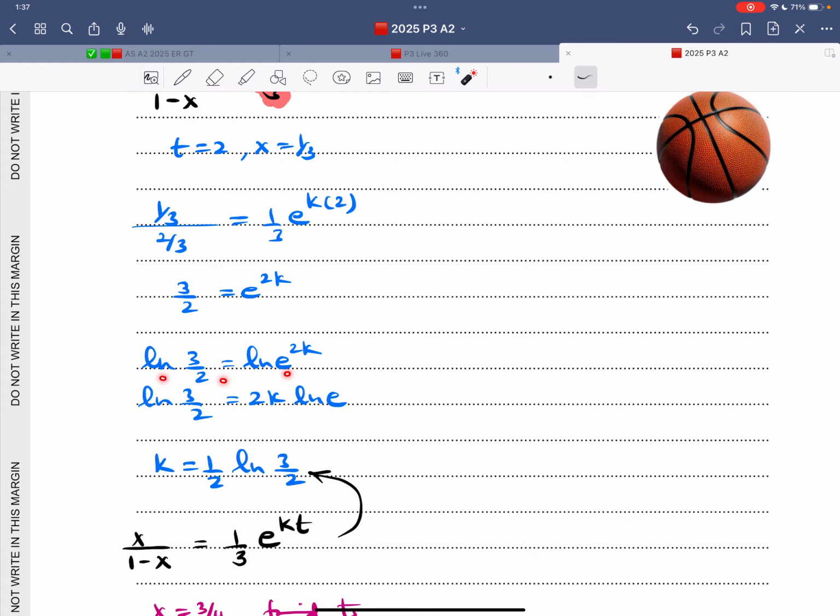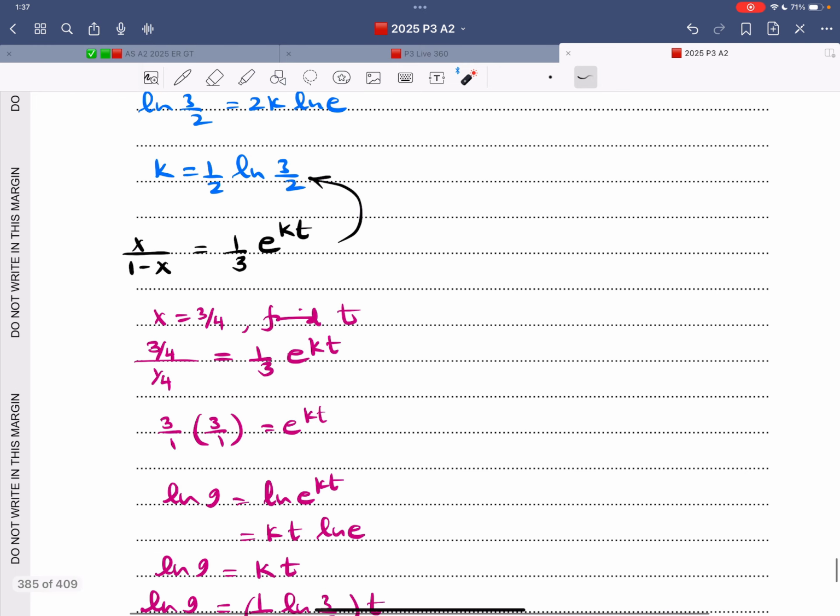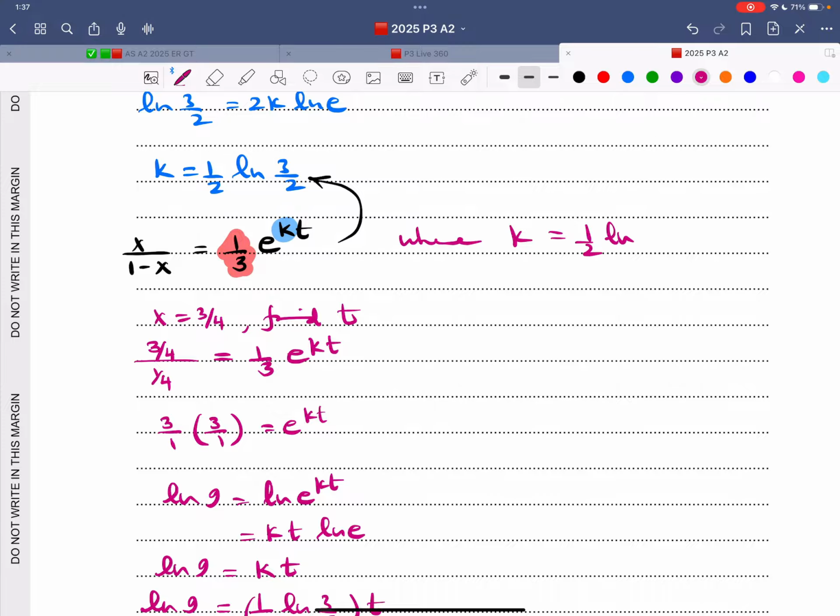Take natural log of both sides, therefore k is half ln 3 over 2. So now this thing is done. This one is your A, this one is your k, where k is half ln 3 over 2.